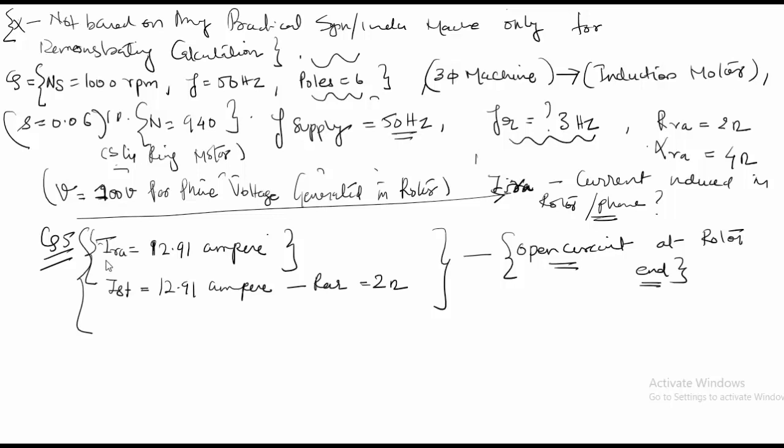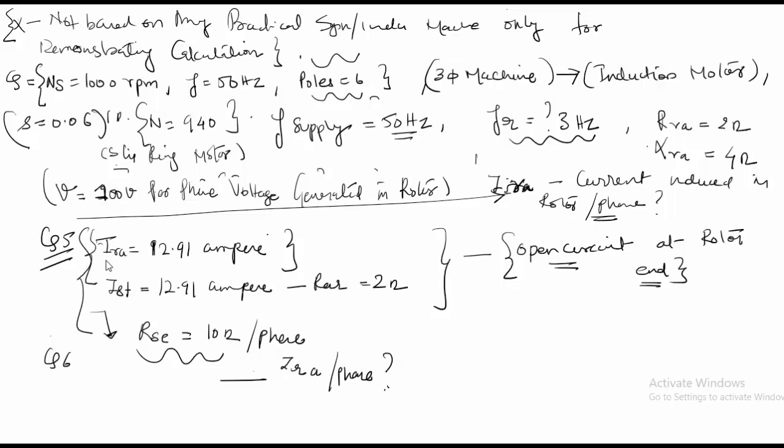Now if I am adding an external resistance at the time of starting, such that RSE is equal to 10 ohm, then my impedance will become different. So now question 6 is, if an external resistance per phase is added, then what is the starting current per phase?